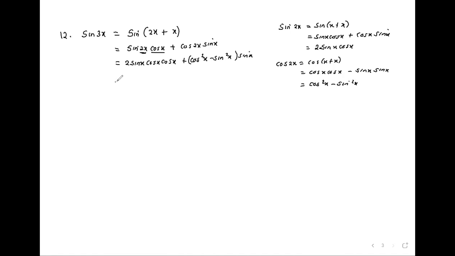Then we expand, so we get 2 sin x cos squared x plus cos squared x sin x minus sin cubed x.